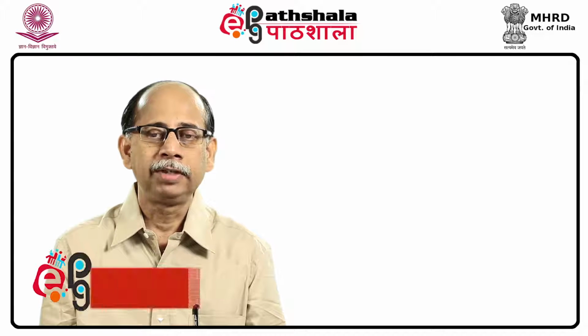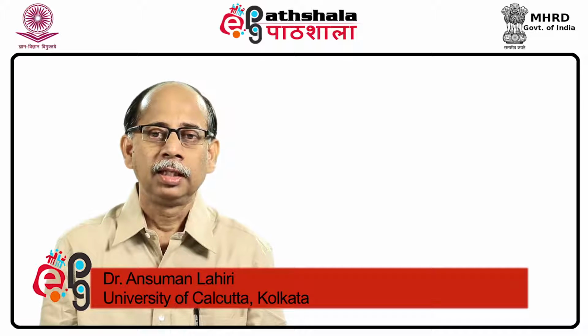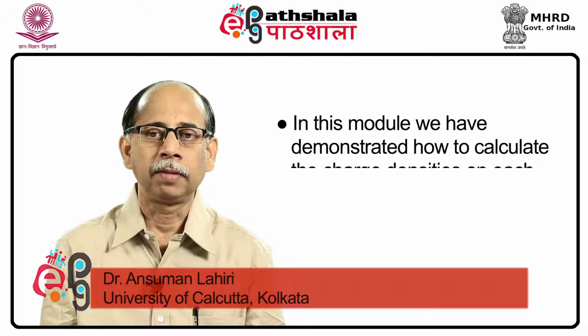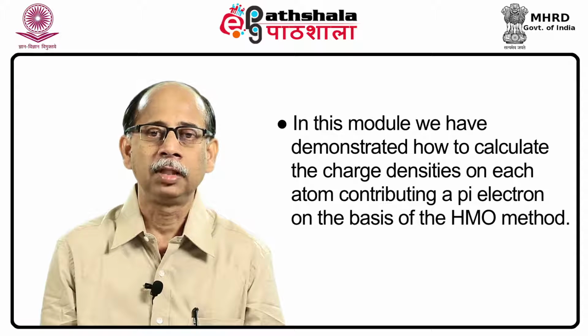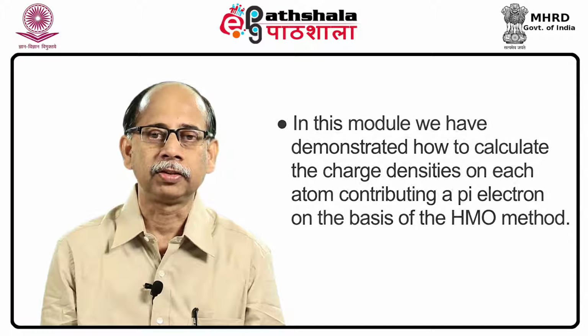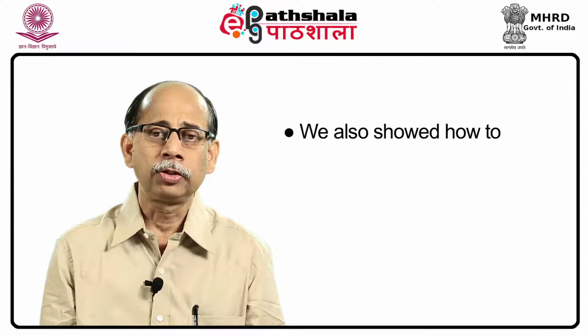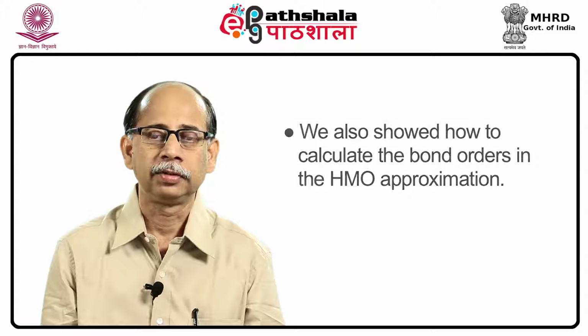So let us briefly summarize what we have learnt in this module. In this module, we have demonstrated how to calculate the charge densities on each atom contributing a pi electron on the basis of the Hückel molecular orbital method. We also showed how to calculate the bond orders in the Hückel molecular orbital approximation.